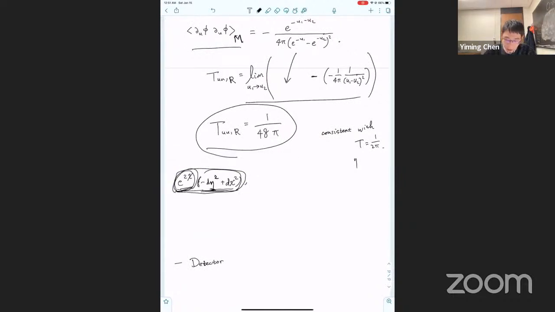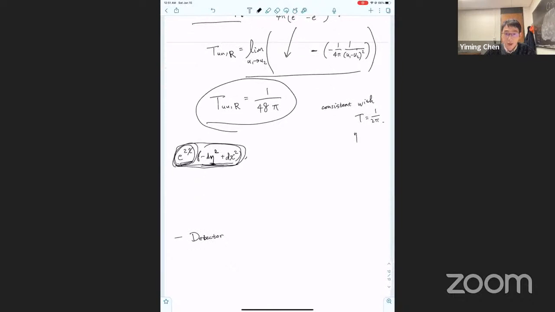So as I argued, this conformal field lives in the Minkowski space, but as I also mentioned earlier, you should really think of this eta as having a periodicity in the imaginary direction, 2 pi.